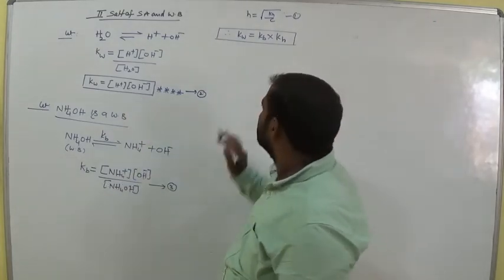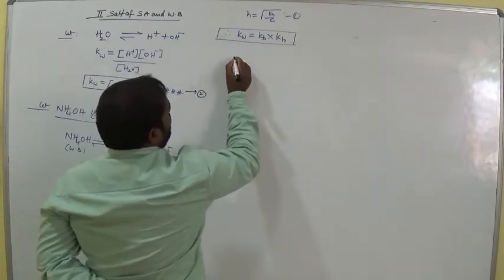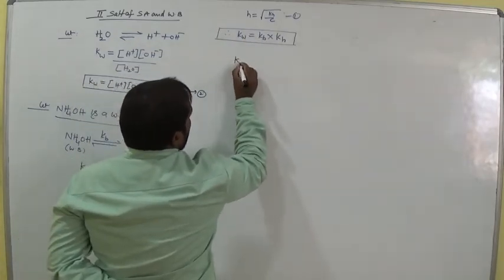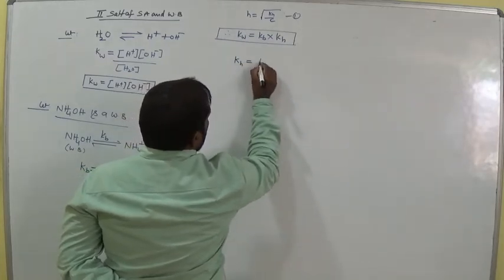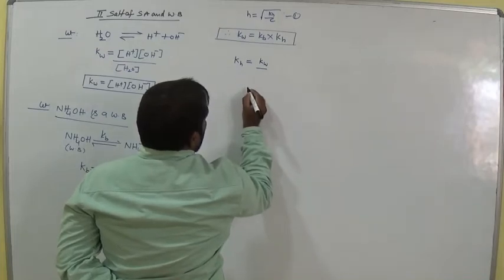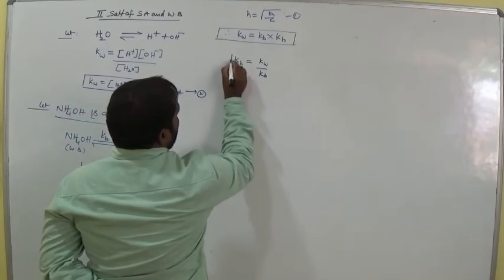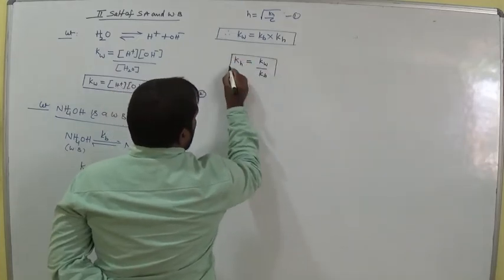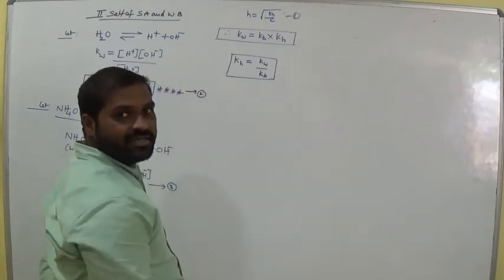So from this, what is KH? KH equals KW by KB, am I right? KW by KB. It's clear?